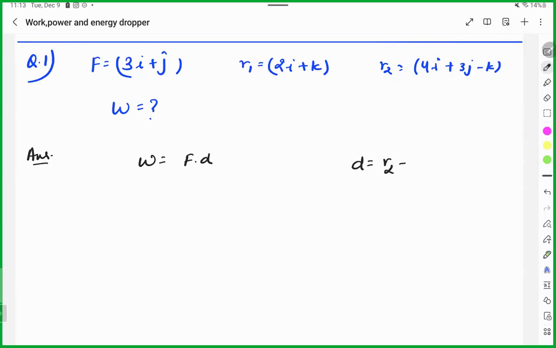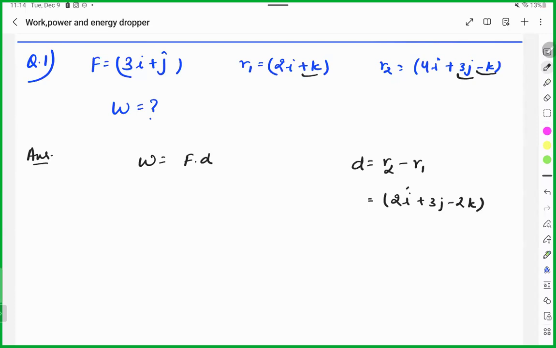The final value for i cap is 4 and initial is 2, so the net value is 2 i cap. Final value here is 3j, and here you don't have anything, so it will be 3j. Final value in k is minus k and initial is plus k, so it will be minus 2k.